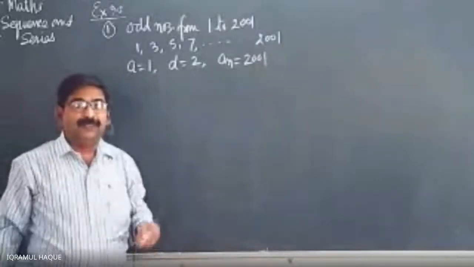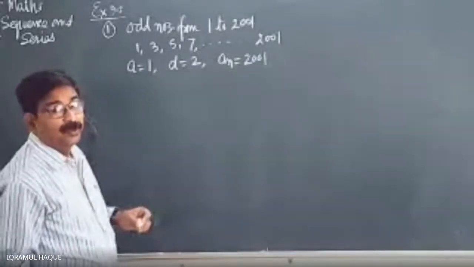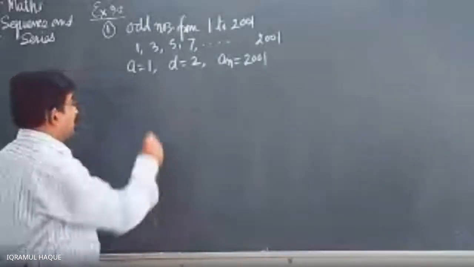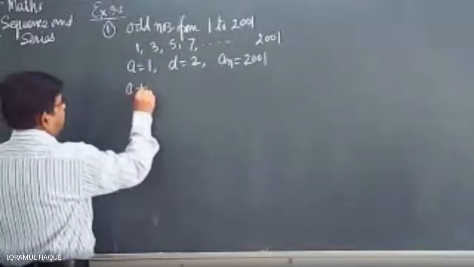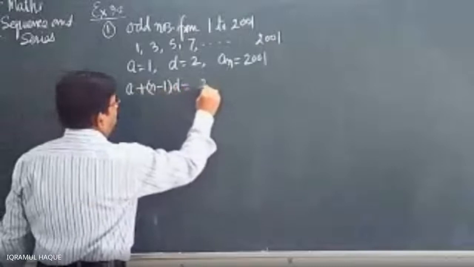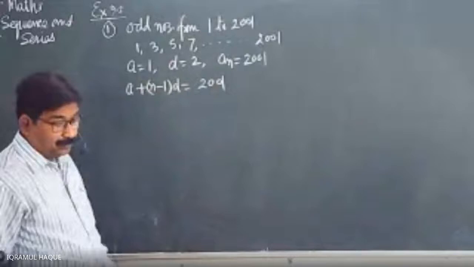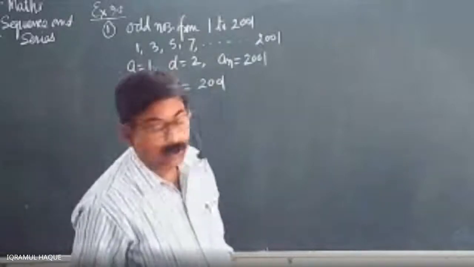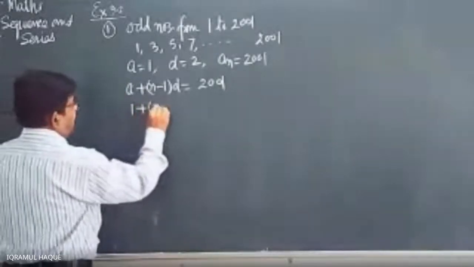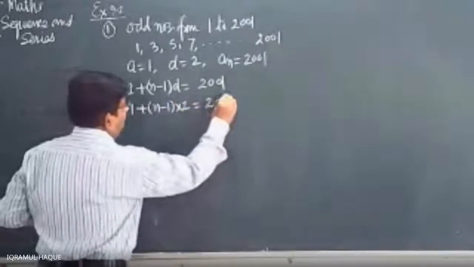So with the help of An, a and d, we can find n, because we have to find the sum. How many terms do we have to sum? So we have to find n. So a plus (n minus 1) into d is equal to 2001, given. The value of a is 1, plus (n minus 1) into d, which is 2, is equal to 2001.